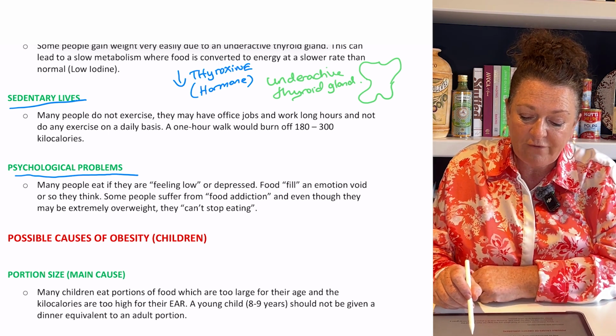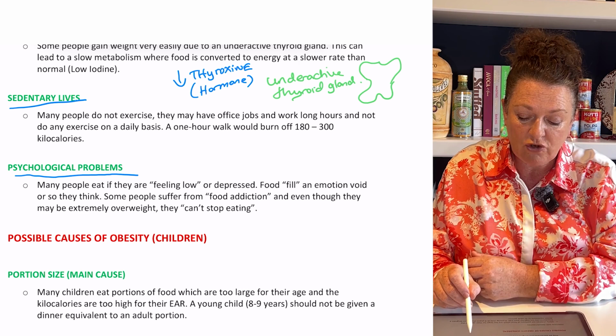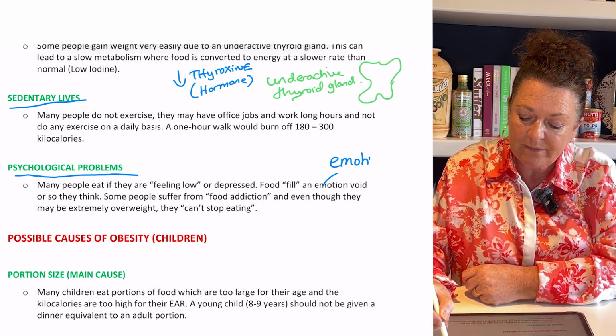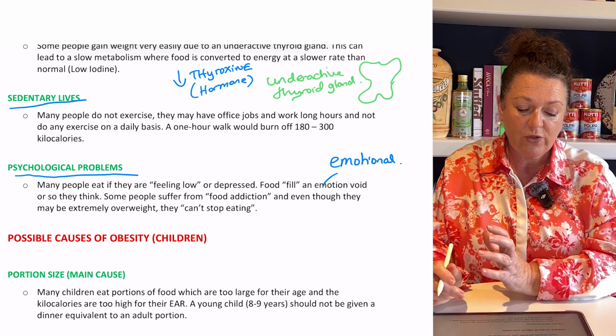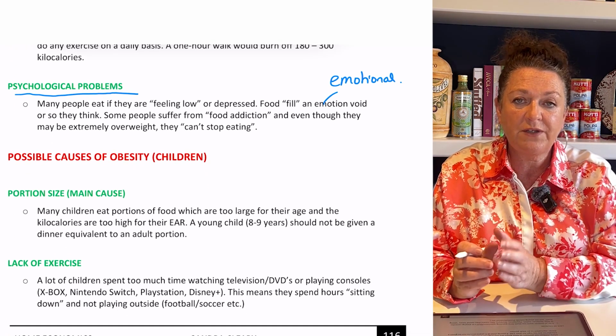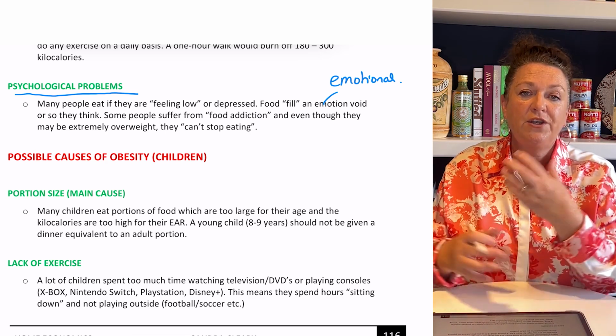They can eat food to try and fill an emotional void, or so they think. And then you end up, because of a high sugar content, a lot of food, the high GI.